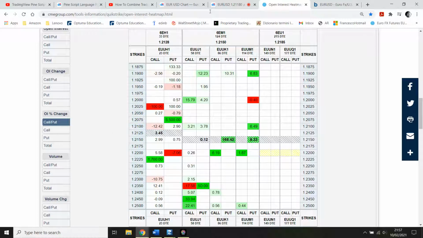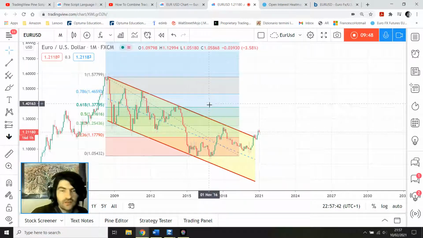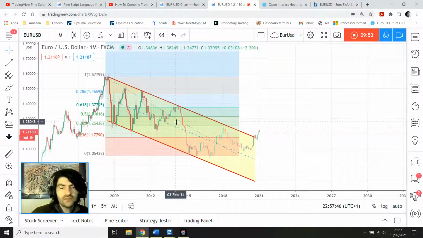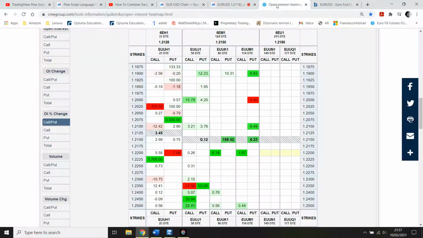At the moment, if you go back to USD, we are at 121.18 on the spot side. Then if we look here, we've got 121, and there's not a huge amount of change for the calls. We're quite close to that price level. Looking across in time going forward, there isn't a huge amount of difference.